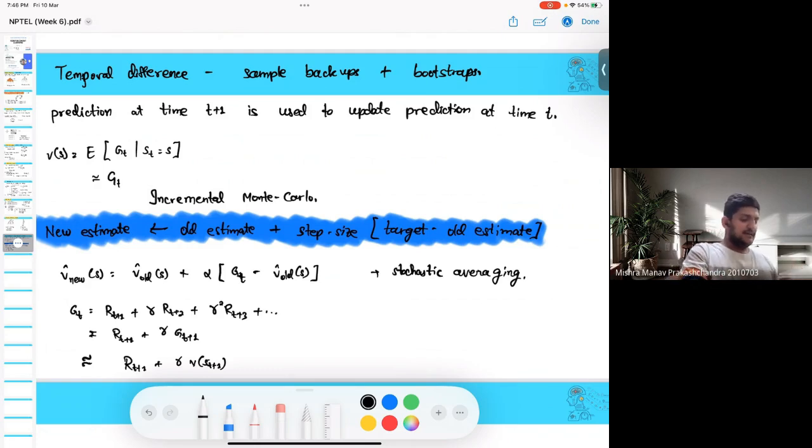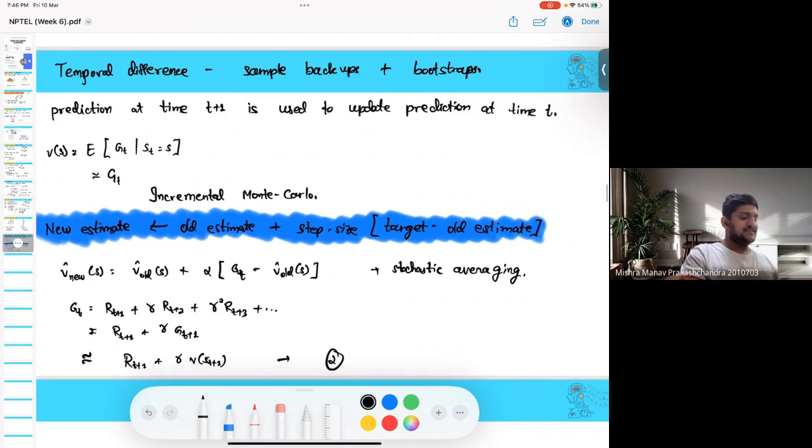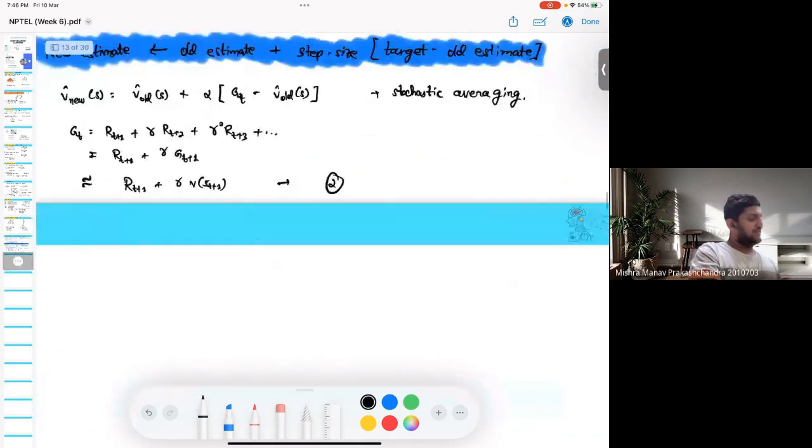So if I keep this equation in mind, I just replace this in the above equation.